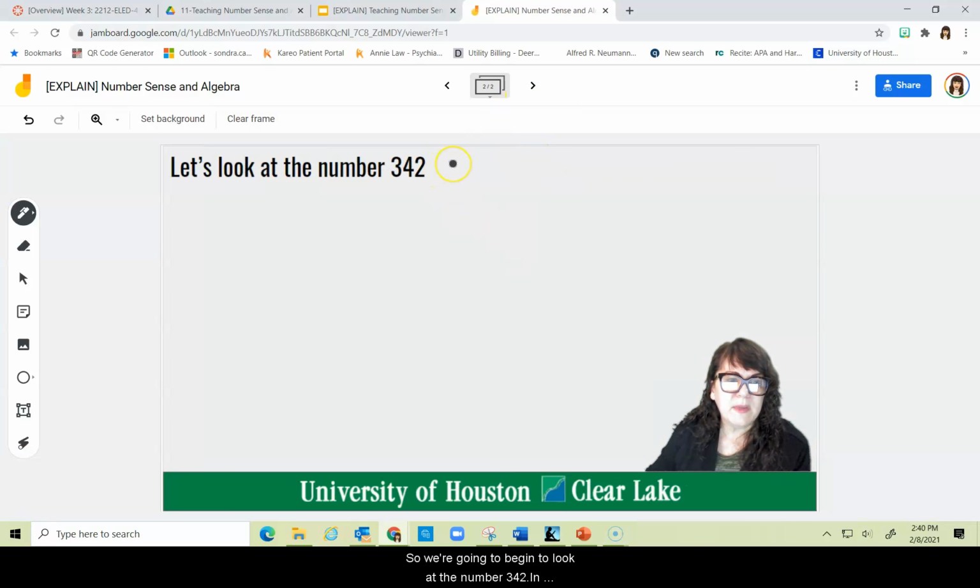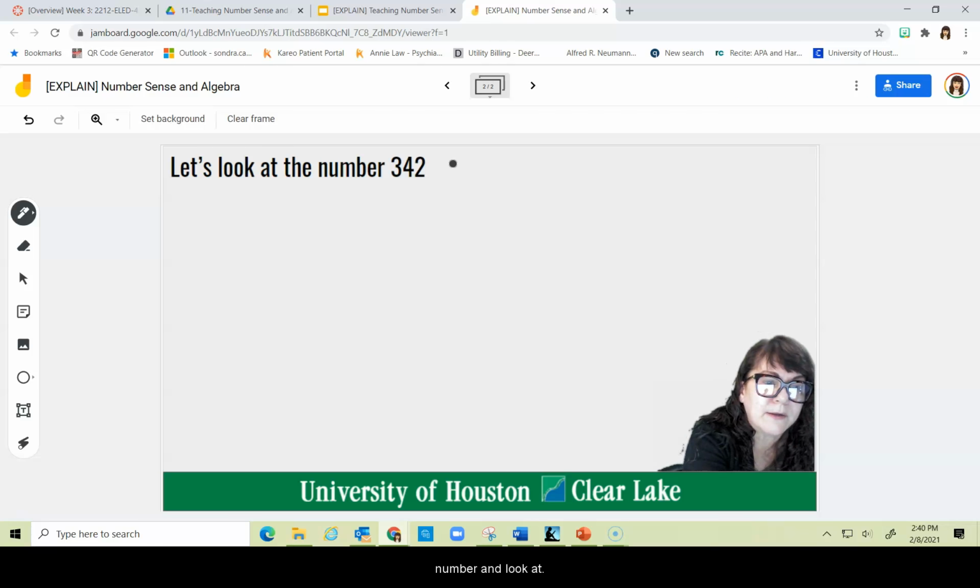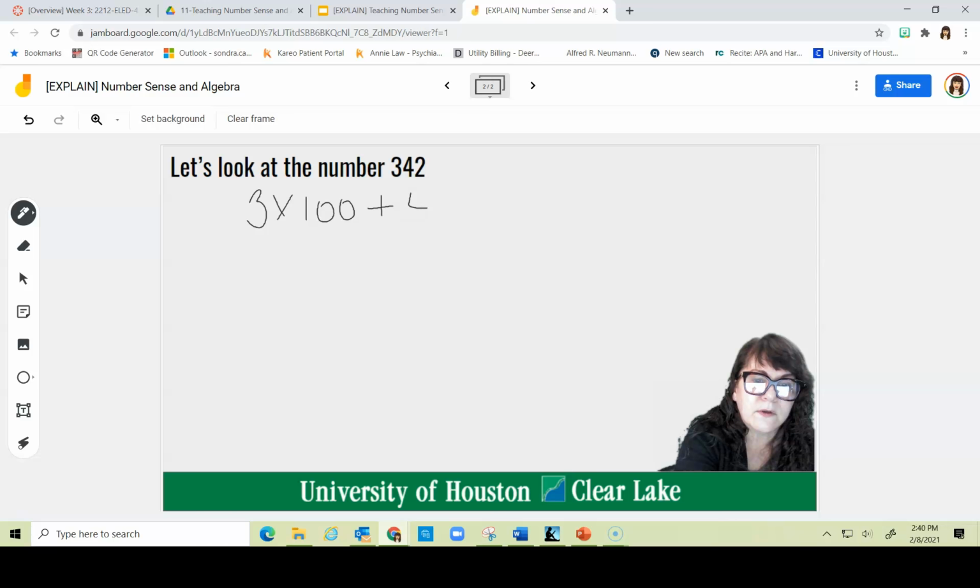So we're going to begin and look at the number 342. And in elementary school, students learn how to compose and decompose numbers. And so they would decompose this number and look at 3 times 100 plus 4 times 10 plus 2 times 1.